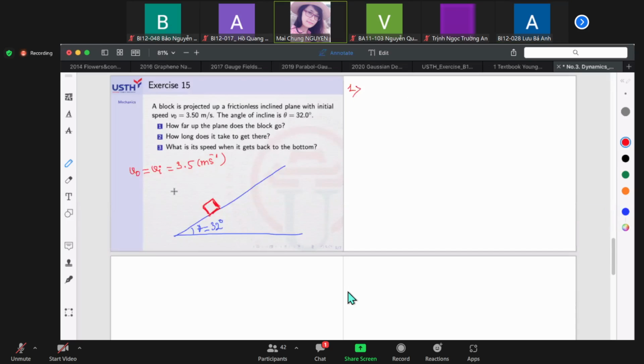It starts with the velocity at the beginning, Vi, equal to 3.5 meters per second. And it moves, for example, from position A to position B, and it stops at B, right? Yes, it stopped at B. That means we have the final velocity equal to 0, right?